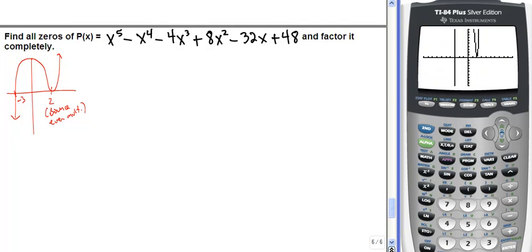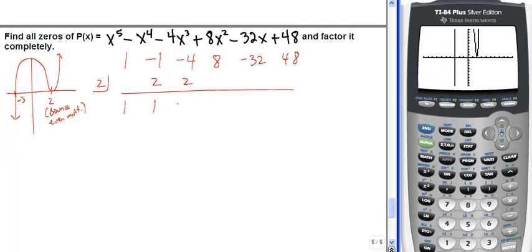Okay, so we're going to use our synthetic division to verify that these really are zeros. So let's put our coefficients across the top. And I'm just going to start with that 2. And we would get 1 here, 2, 1, 2, negative 2, negative 4, 4, 8, negative 24, negative 48, and there's our 0.